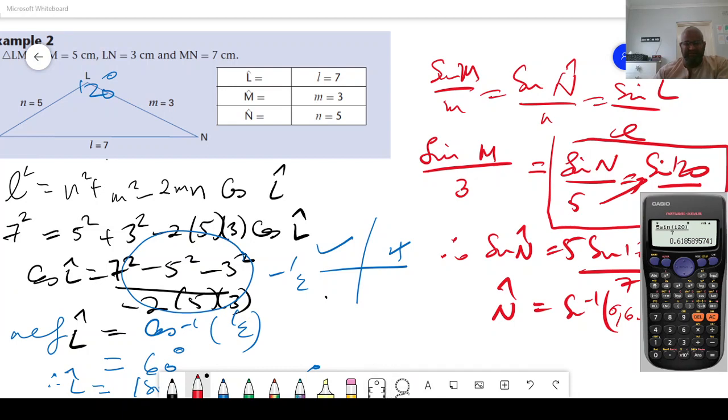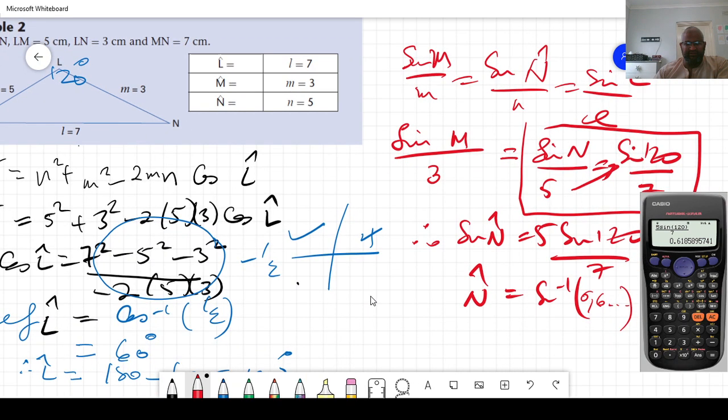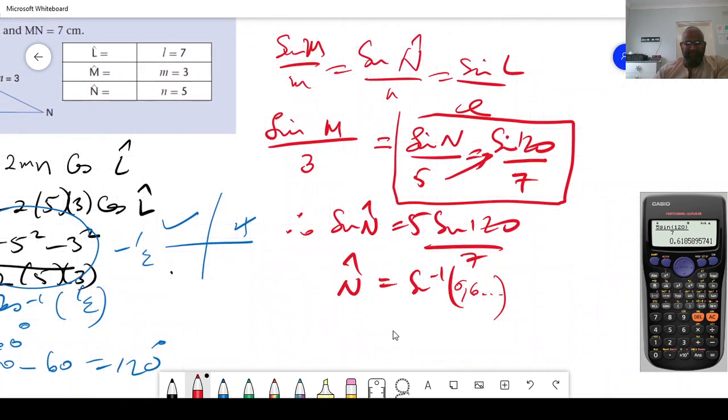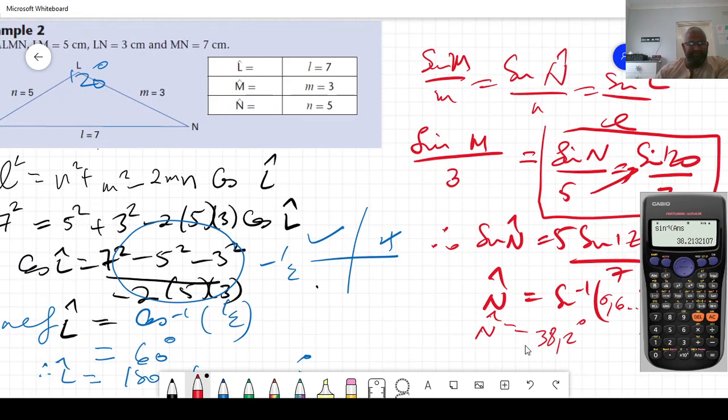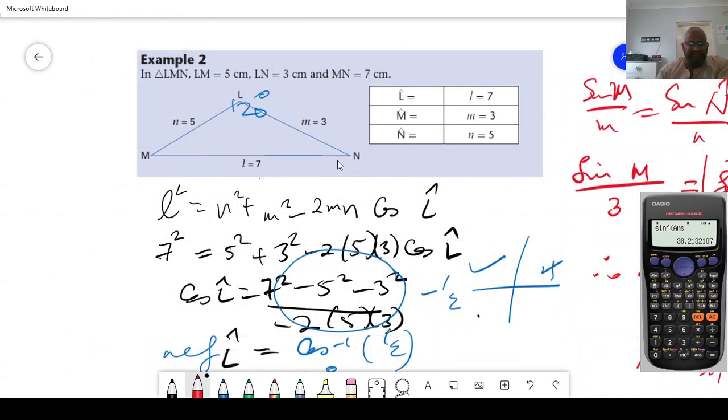Okay, it's behind the calculator, so I'll move it over a bit. Okay, so arcsine of 0,62. So arcsine of that answer. Remember, use this answer button. So it's going to give you an angle of 38,2 degrees. So remember, now I've got this angle here also.